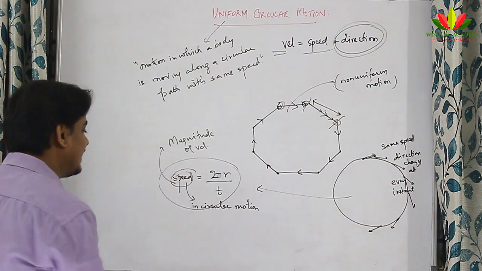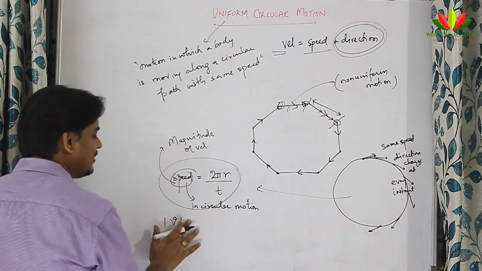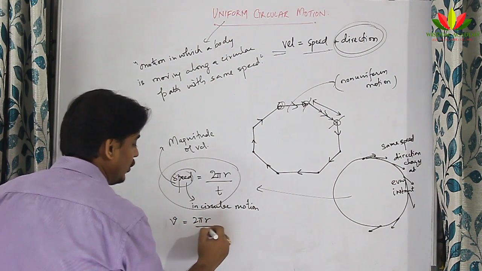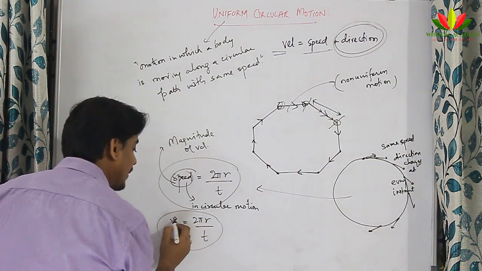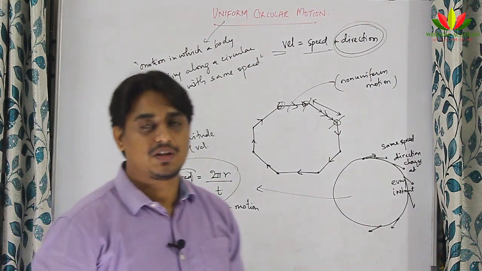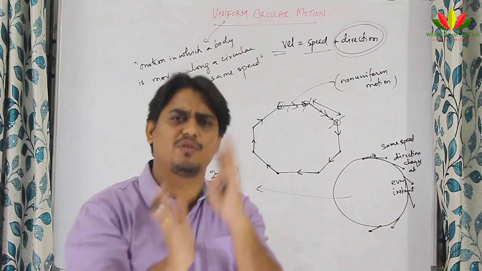Some books will write velocity magnitude like this, or we can write simply velocity is equal to 2 pi r by t. Don't get confused there. Here it is the magnitude of velocity, which is also called speed. It is not the vector velocity. It is only the magnitude of the velocity.